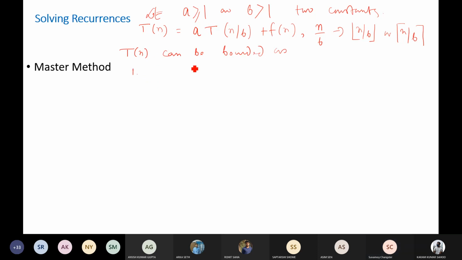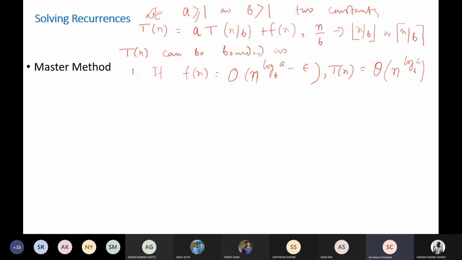Number 1: if f(n) = O(n^(log_b a - epsilon)), where epsilon is the power, then T(n) = Theta(n^(log_b a)).